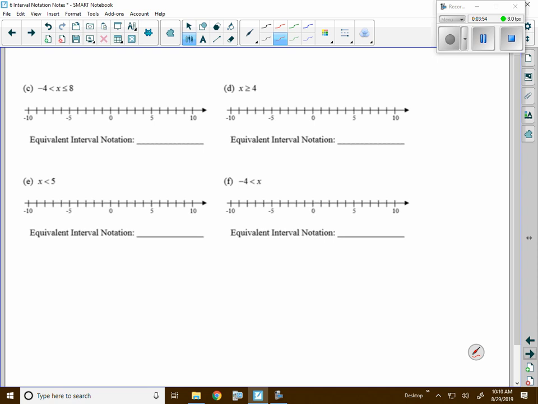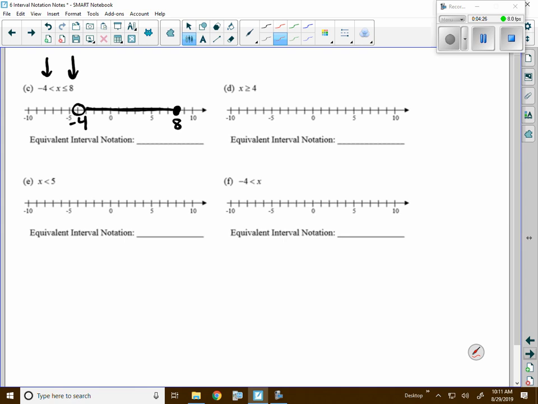Okay, letter C. Let's do another one. We're just going to keep practicing these until it starts to click for you. We're going to have an open circle at -4 and a closed circle at 8. So open at -4, closed at 8. The shading is the same and the center is the same, but when we write the interval notation, one of them is going to have a parenthesis and one of them is going to have a bracket.